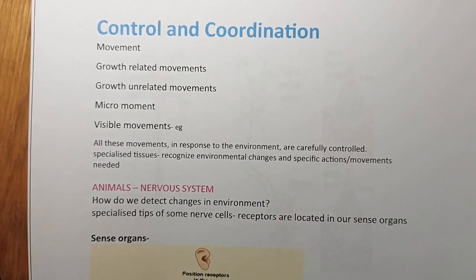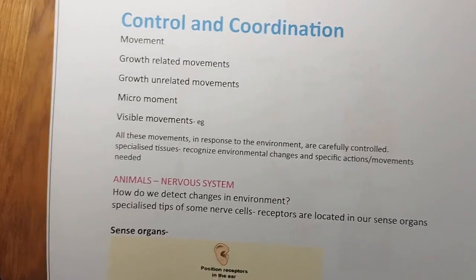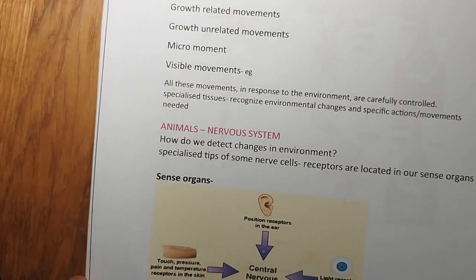So we're going to look into this specialized set of tissues in the body, learn how they control these movements in response to the change in the environment, and how the coordination takes place in multicellular animals like human beings.